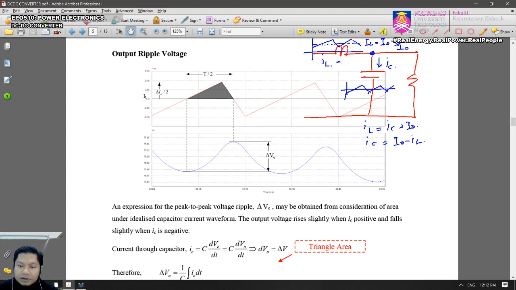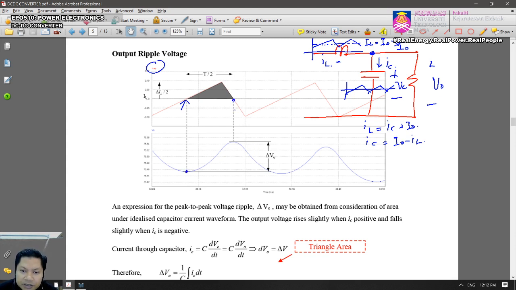So when you look further at the waveform, this is your capacitor current. During this time, the output voltage also equals the capacitor voltage VC, isn't it? Okay, V out equals VC, right? So if you look at V out or VC, you're going to see that when the current IL equals I0, it reaches the minimum.